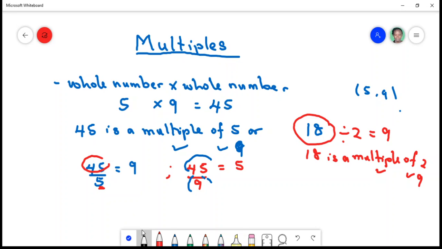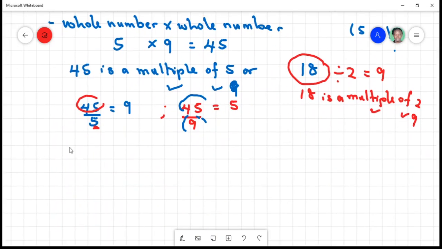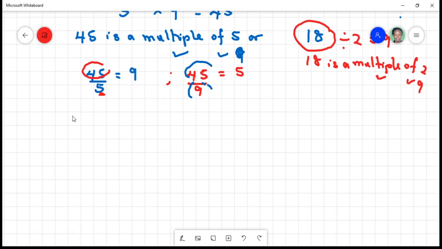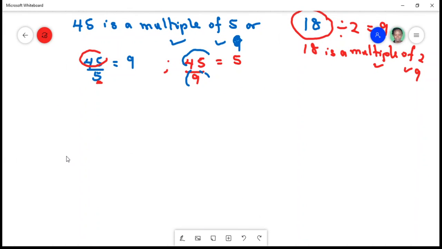So, when you were growing up, you realize that with multiples, you were just adding. If you wanted to find multiples, you were just adding up the number to itself over and over again.